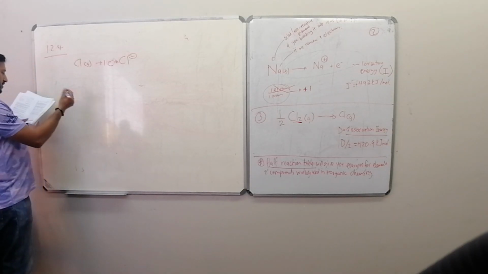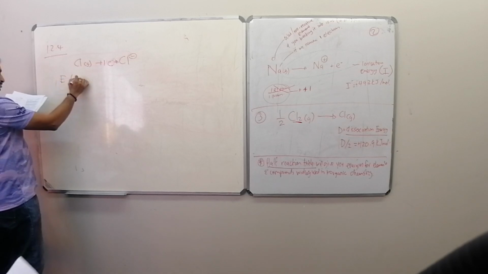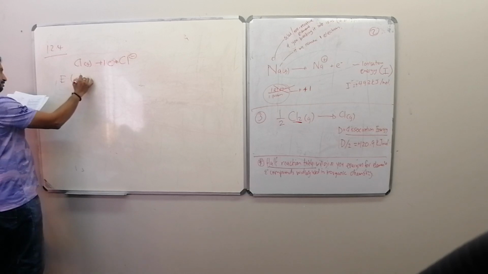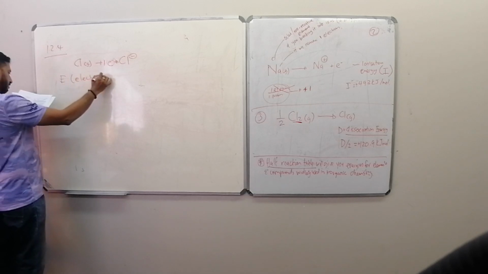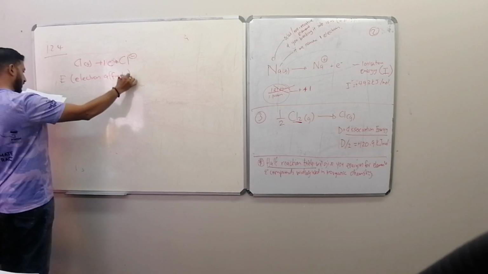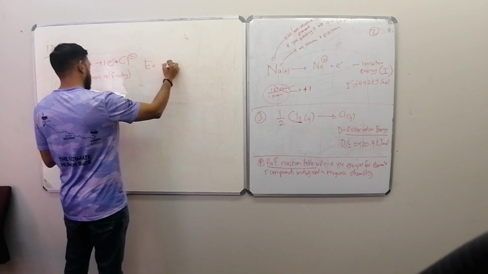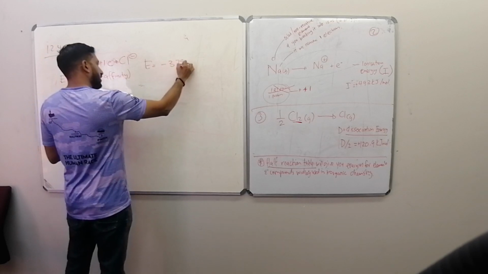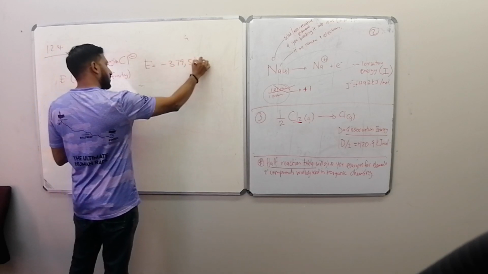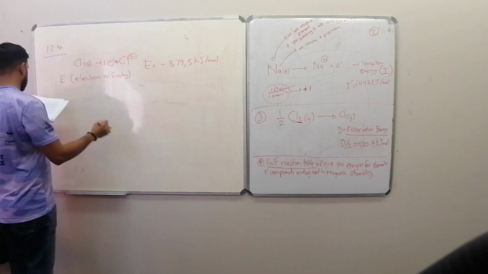And this is called E. And the amount of electron affinity is equal to negative 379.5 kilojoules per mole. Right?